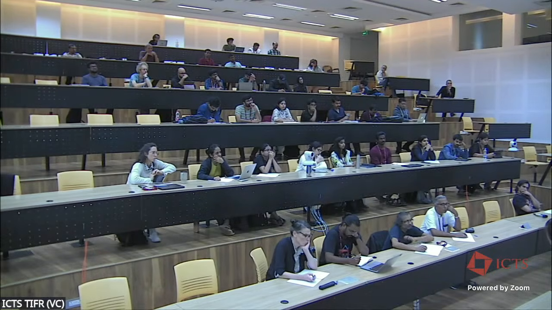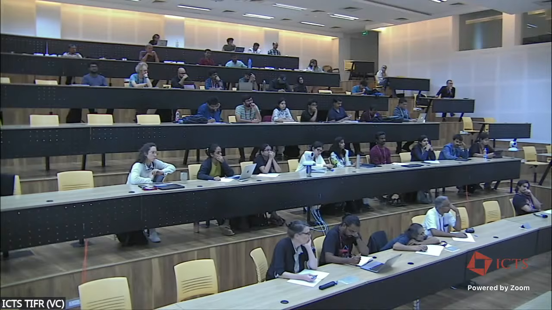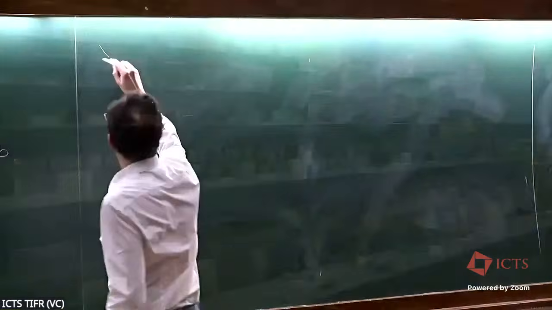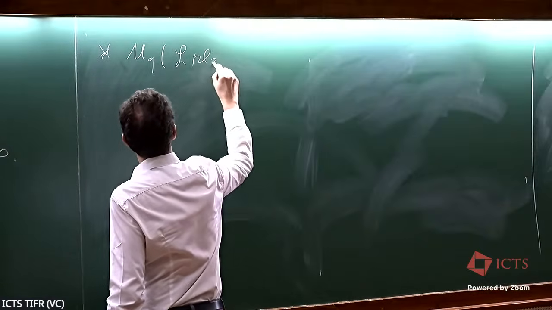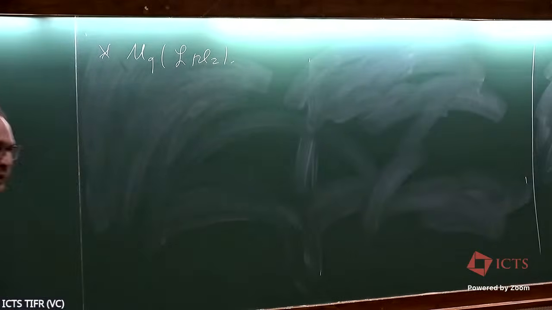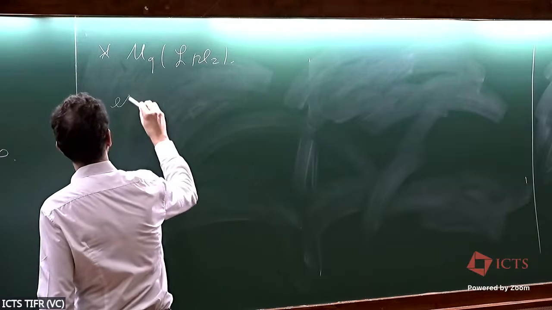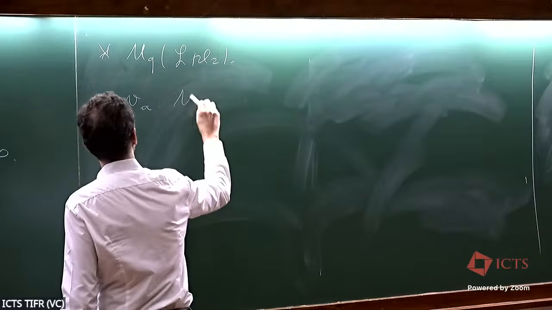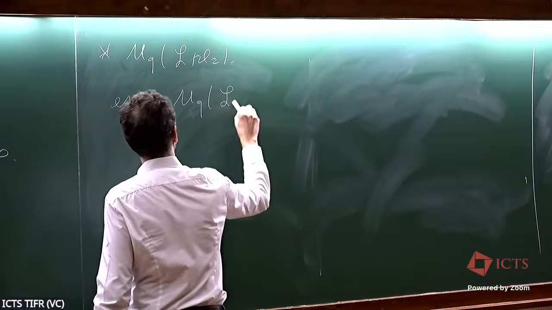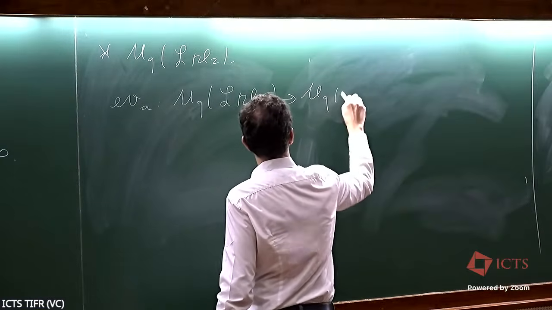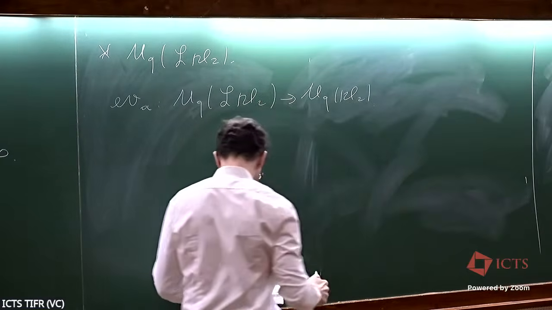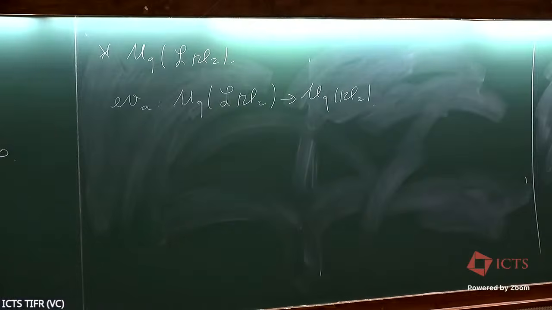Okay. So let's go now to the loop case. Loop sl_2, and we can also do things explicitly here, thanks to what I explained yesterday. We have this evaluation morphism, which I recall.